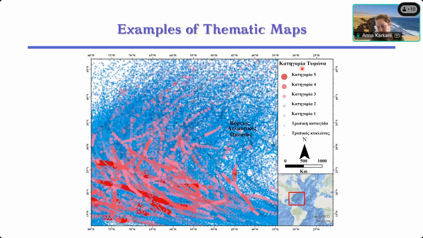It's only a matter of whether you give more information by doing so. But usually we use one method of thematic mapping for each layer that we are working on. Okay. Any other question?